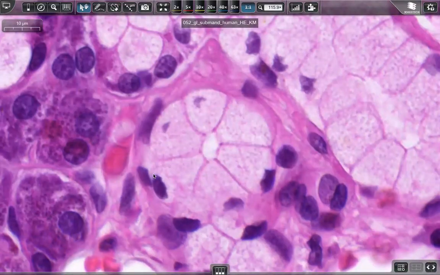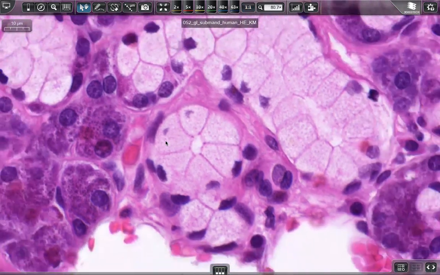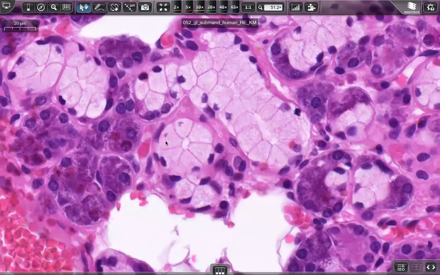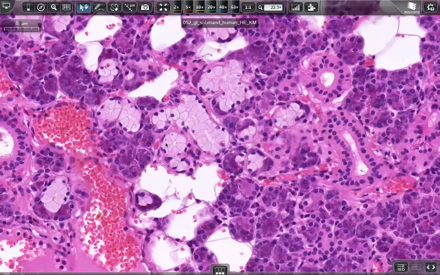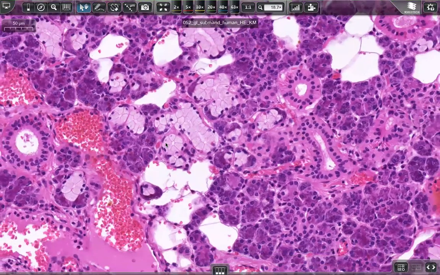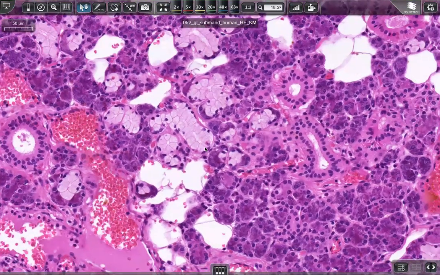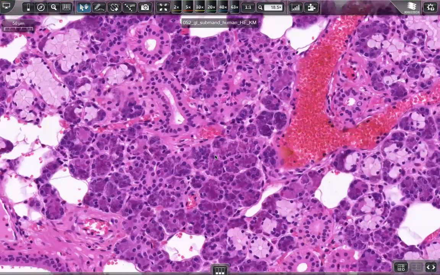You know, they synthesize saliva and they synthesize enzymes. They appear in inactive form in the acini. And then these acini should push the produced saliva toward the lumen of the duct system.